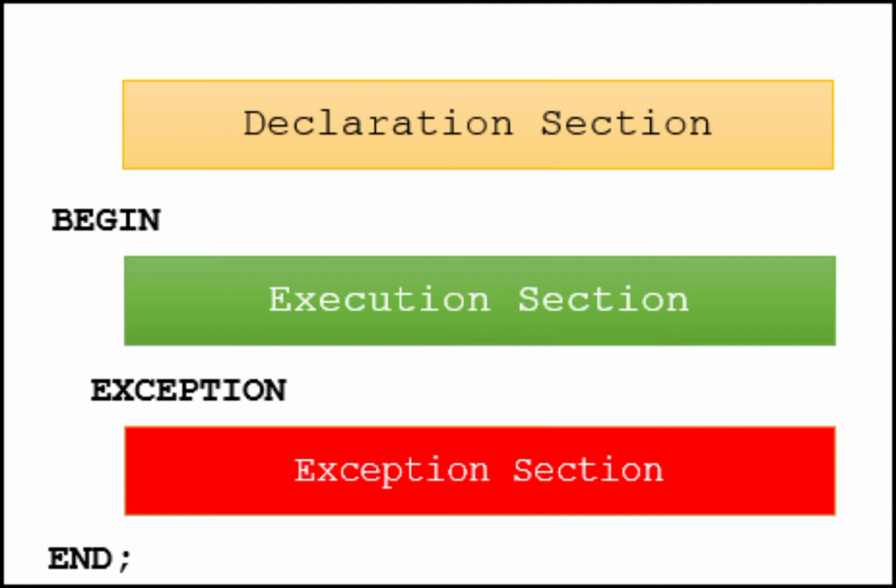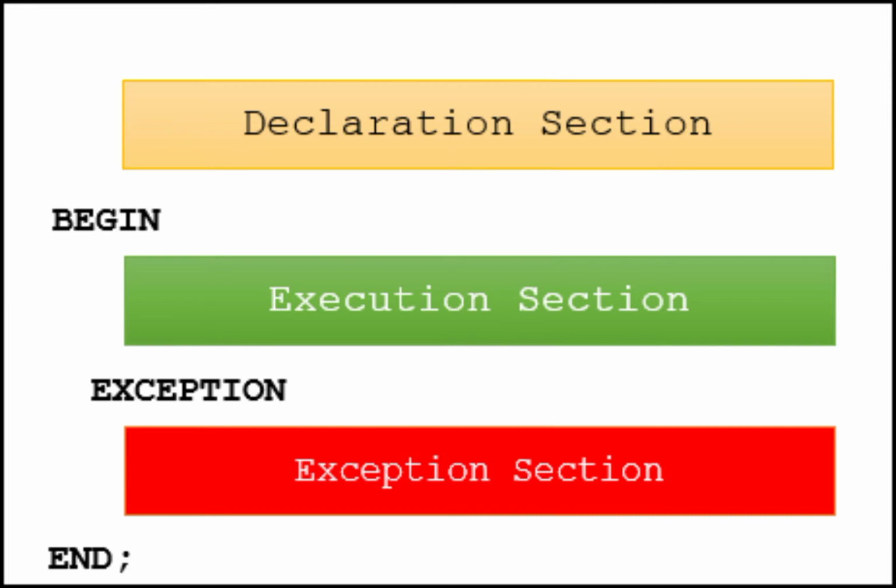The three sections. First, the declaration section, where you declare variables, allocate memory for cursors, and define data types. Second, the executable section. A PL/SQL block has an executable section.